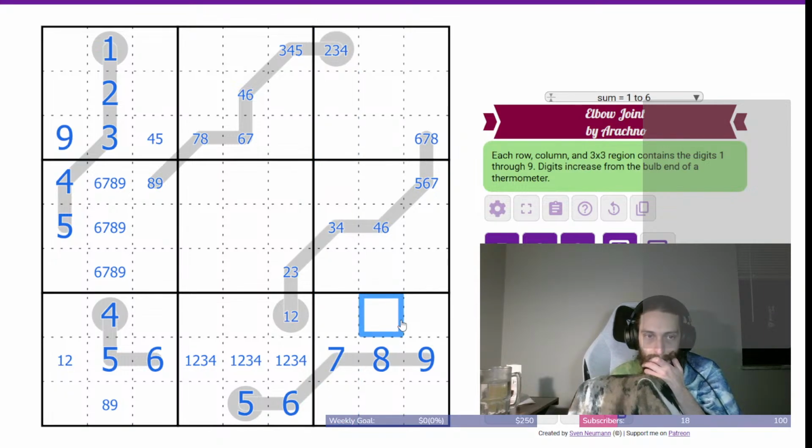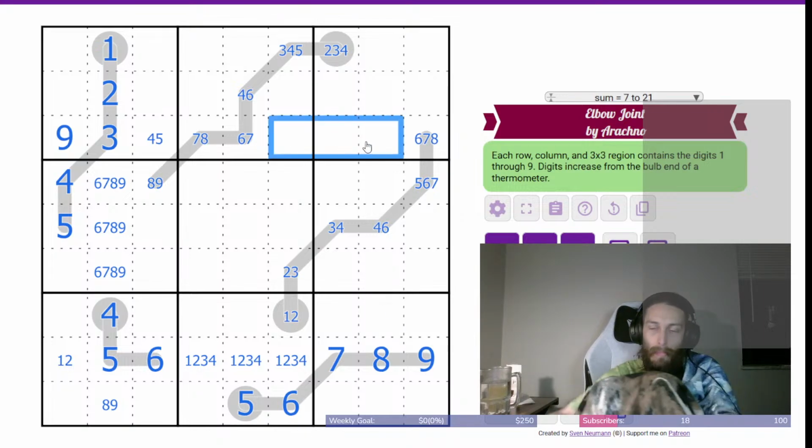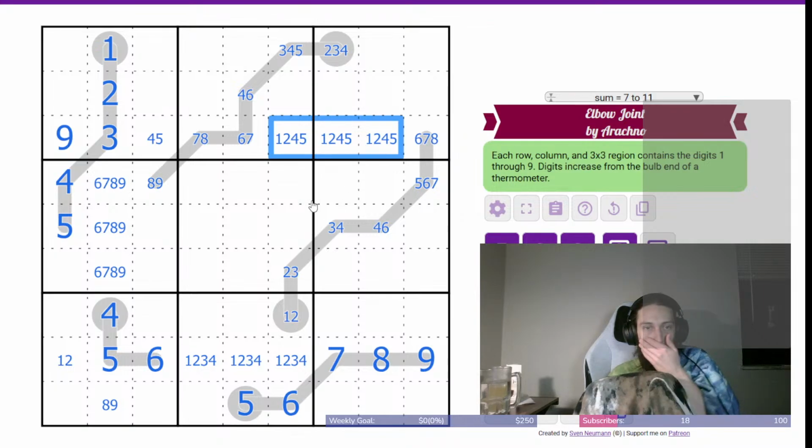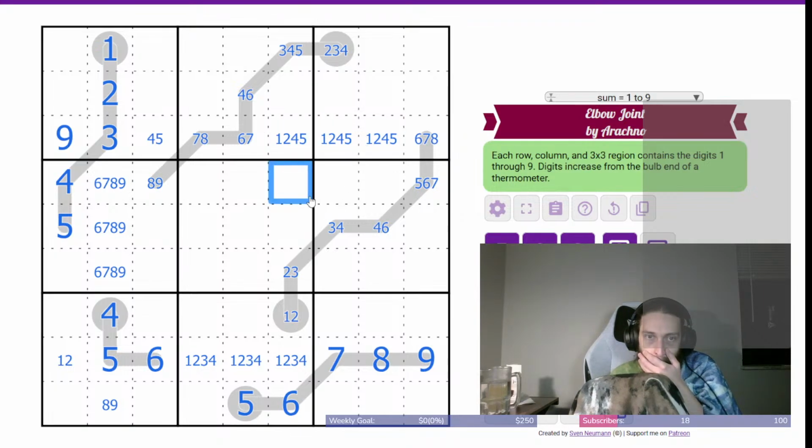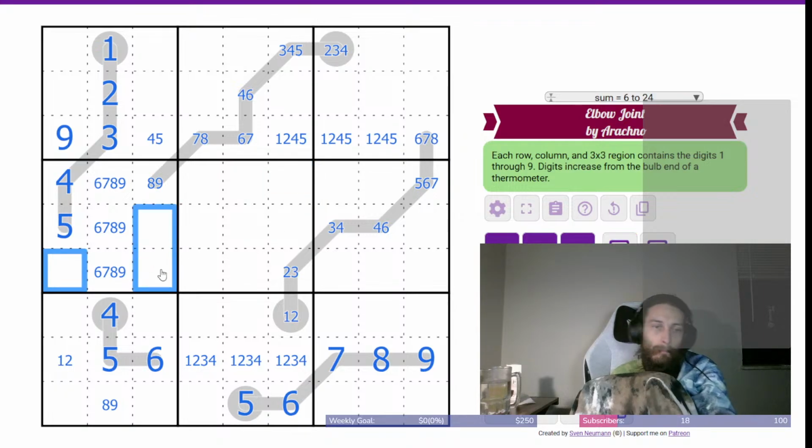No. But row 3 finishes out with 1, 2, 4, 5. But I don't see that that's actually helpful much at the moment. Just like box 4 needs 1, 2, and 3.